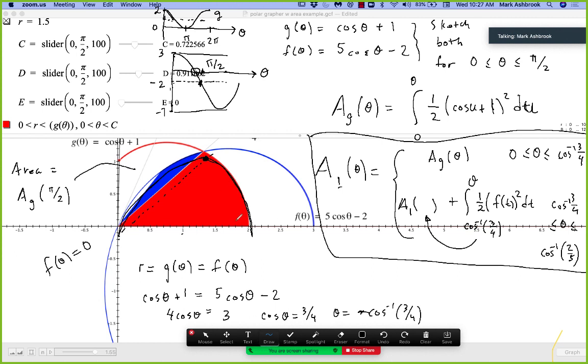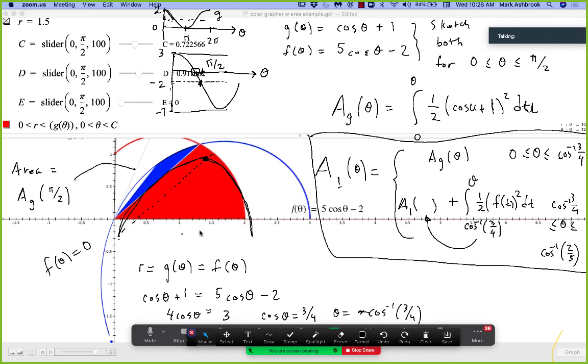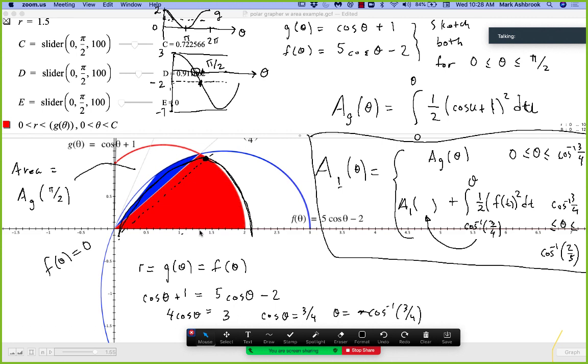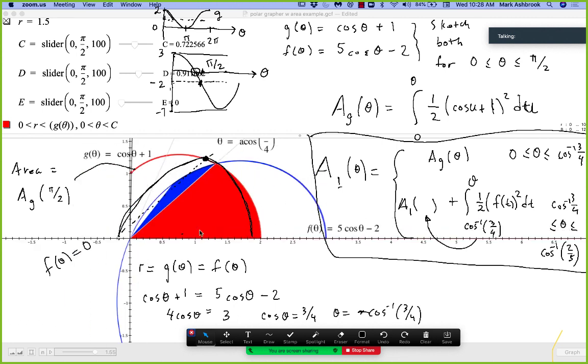And then what would we do to get the whole thing? I want to get the area of that whole kind of shark fin shape. How would I represent that? You could do a sub 1 of pi over 2. Not pi over 2.